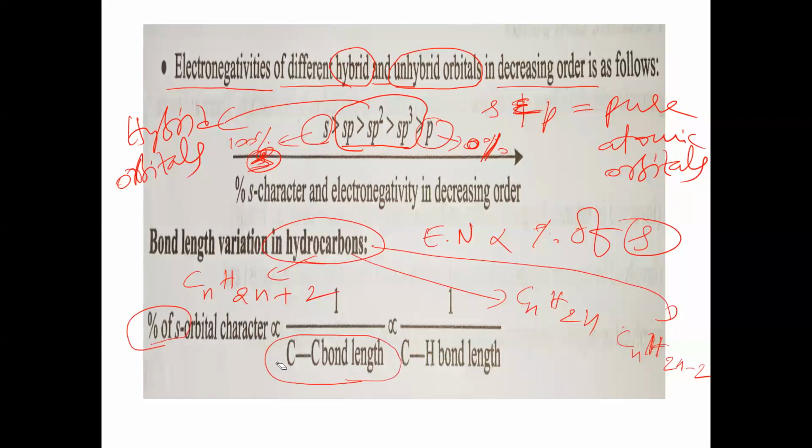Similarly, the percentage of s character is also inversely proportional to C-H bond length. If C-H bond length is lesser, the percentage of s character will be greater. So this point we have to understand. Take the screenshot notes.